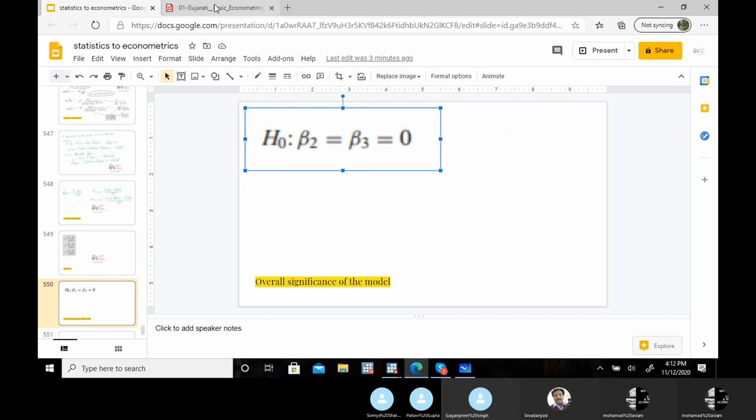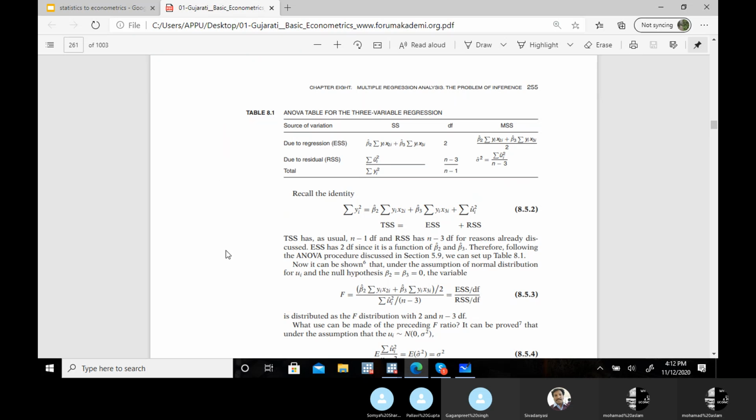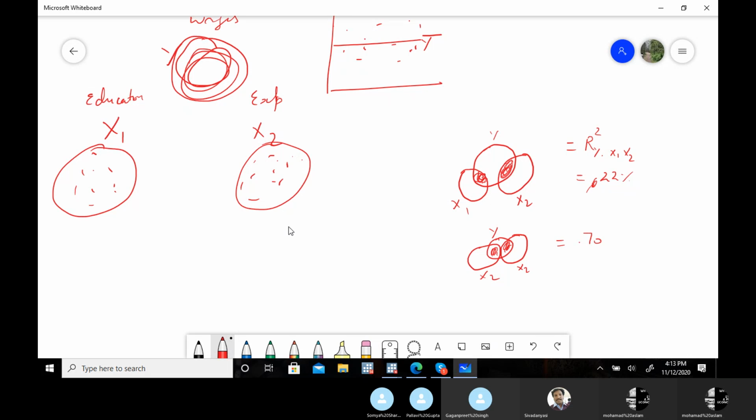First, let me give you the simple formula behind this, the F ratio method. I told you that this F ratio is actually the ratio of variances, or two chi-squares, that we use to check the overall significance of the model. So in the F ratio method, to check the overall significance of the model, we compare explained sum of square with residual sum of square.